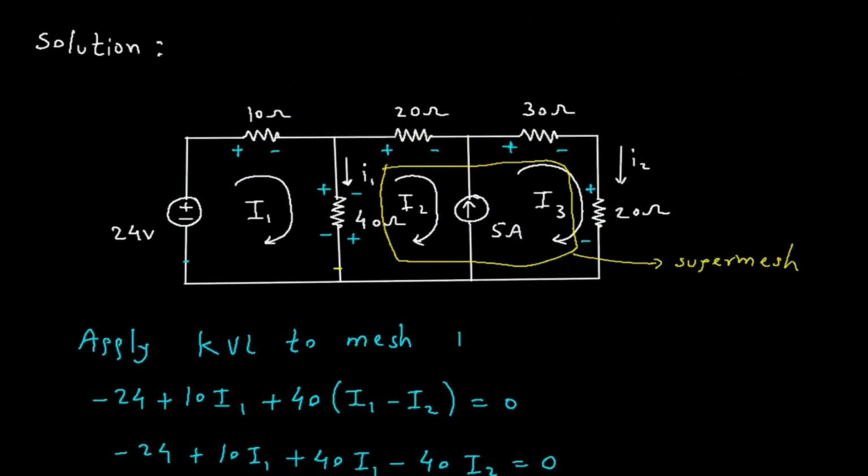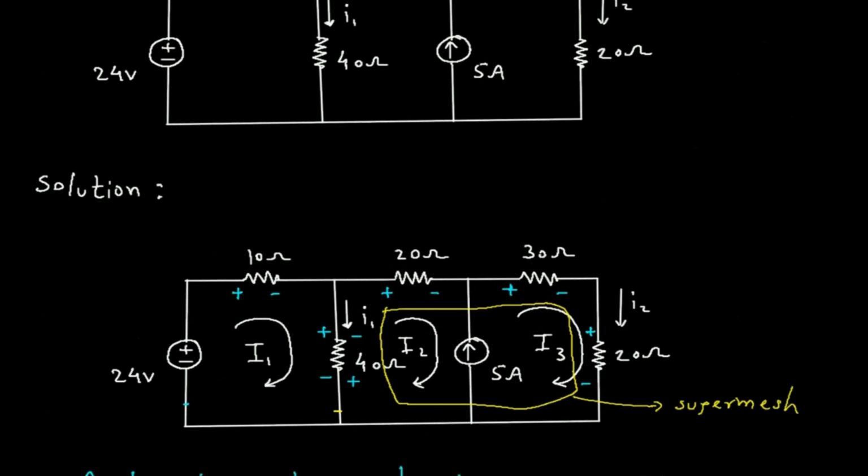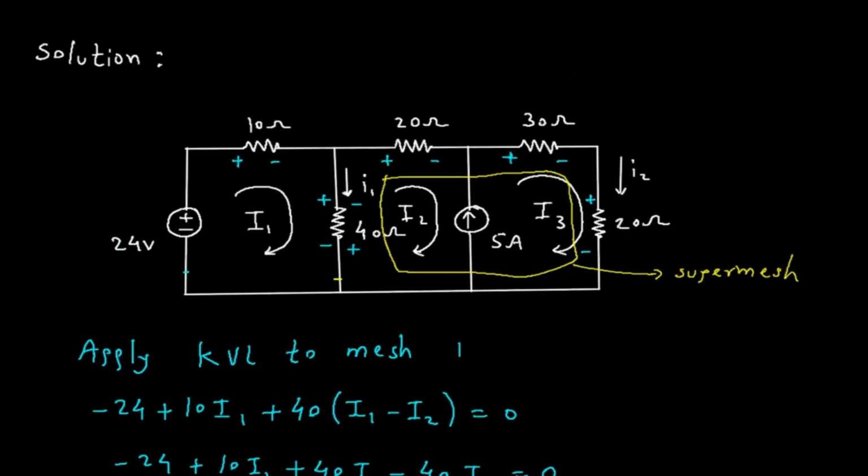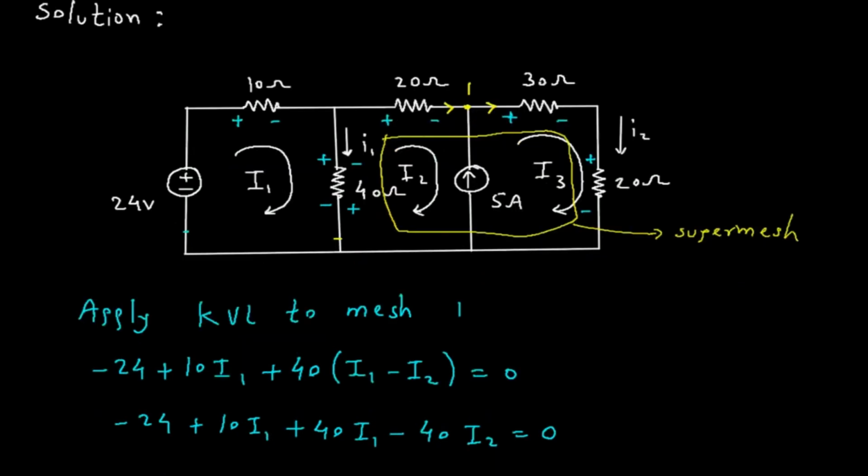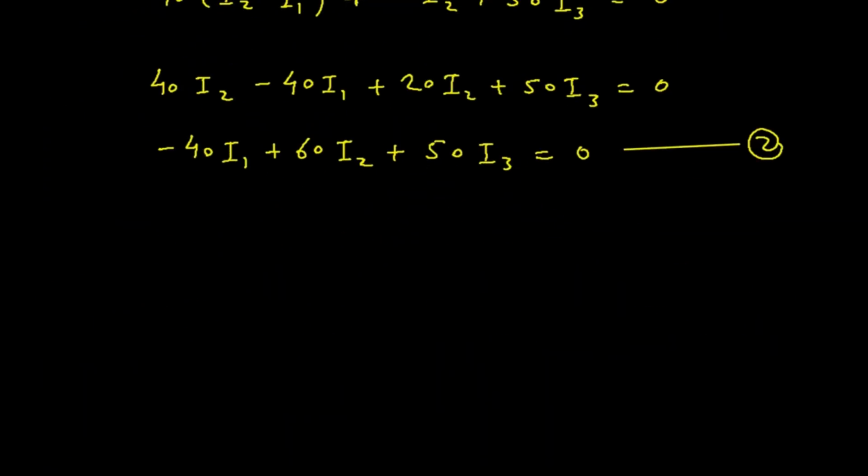Now, let's assume this is node number 1, and this is current I2, this is current I3. Now we will apply KCL at node 1.